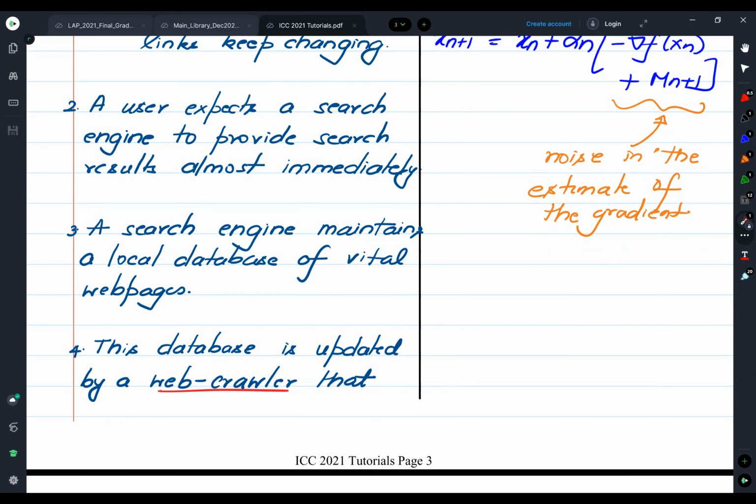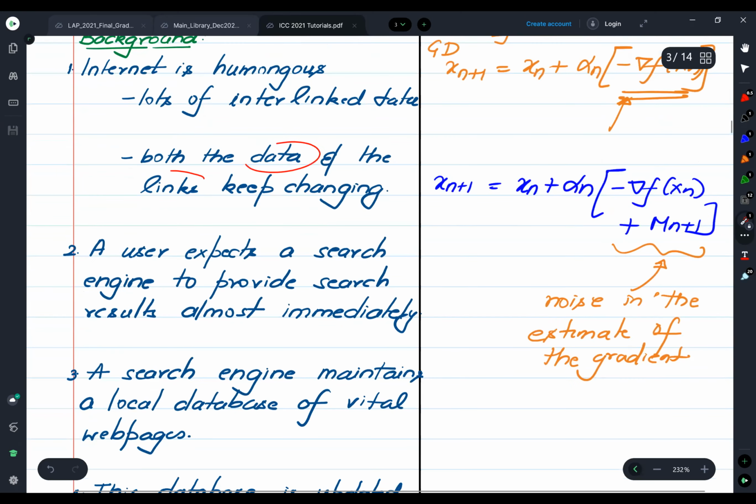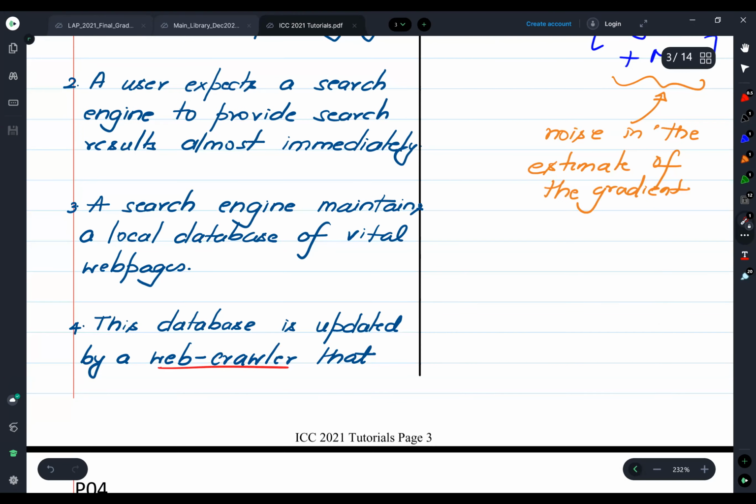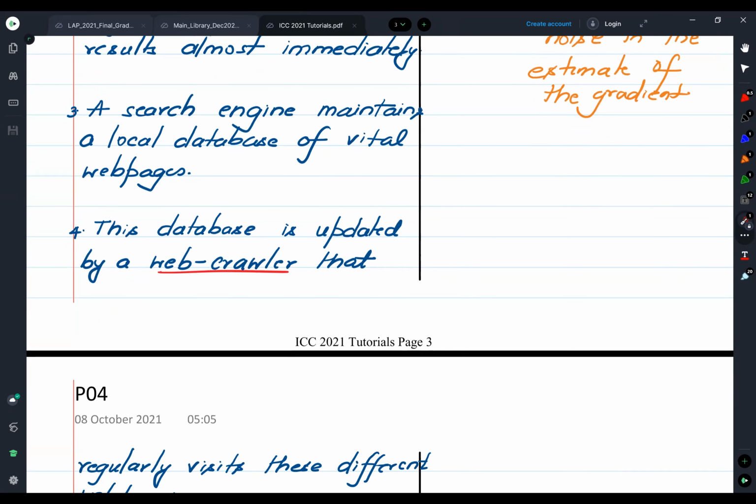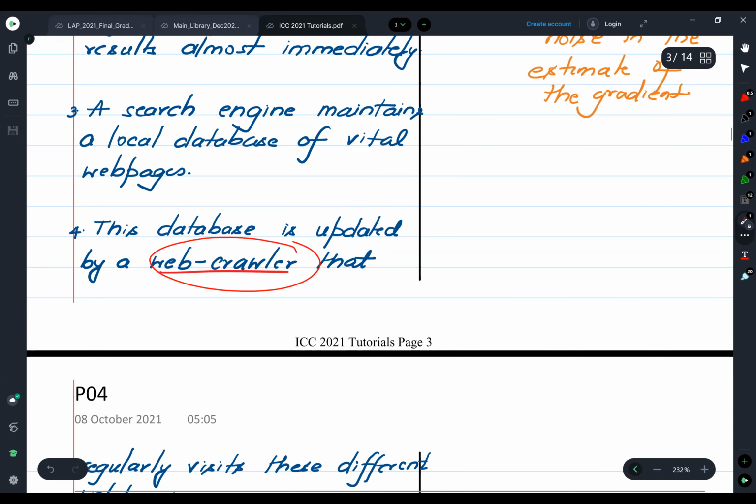However, recall that this data and the links that are there on the internet keep changing, right? So this database needs to be regularly updated. The job or the task of updating is carried out by this thing which is called a web crawler.